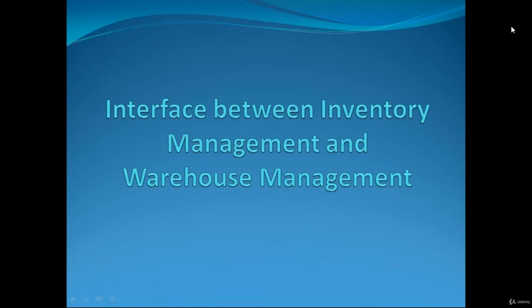The main concept behind IM and WM is that the total quantity of stock in IM should be the same as in WM. This is achieved in various ways. One important way is the movement type linking.